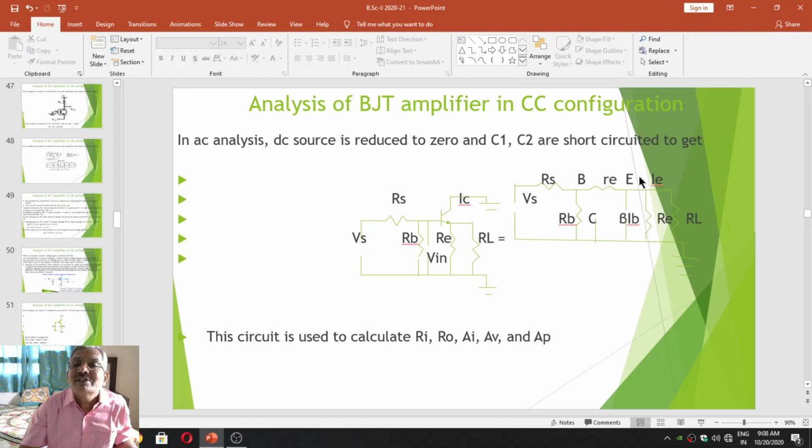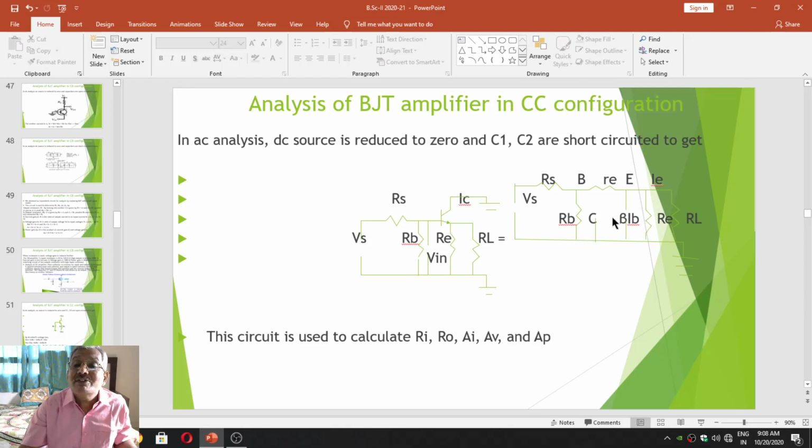So that is the equivalent model which we replaced. This is base, this is the emitter, and this one is collector. Collector is grounded, as in the original amplifier. RB is its biasing resistance. Vs is the input signal to be amplified. Rs is the internal source resistance which already existed in previous cases. All these parts are taken as they are. Only this BJT is replaced by its small signal model.